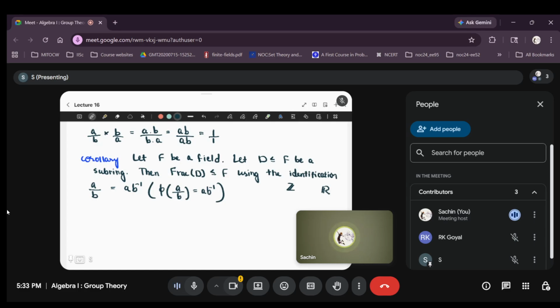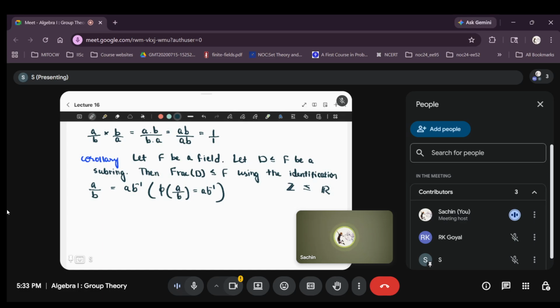I mean, you can consider a subfield also, but suppose you have a pure ring, not a field, which is a subring of this field. So here Z is a subring of the real numbers, right? Set of real numbers is a field. Set of integers is a ring, which is within the set of real numbers. Then you can construct this field frac D, right?